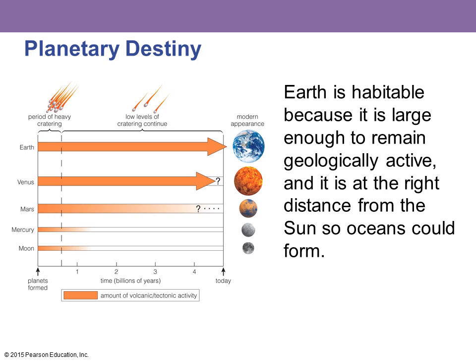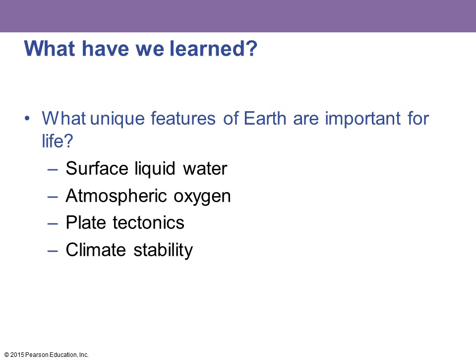So the same picture that you see on page 207 is here, which says the Earth is habitable because it's large enough to remain geologically active, it's the right distance from the sun, so oceans could actually form and stay. Any other combination of factors would probably not produce a planet that had water in a liquid form.